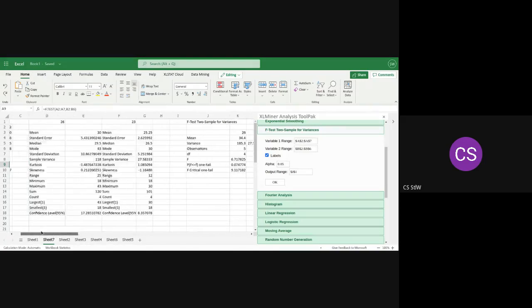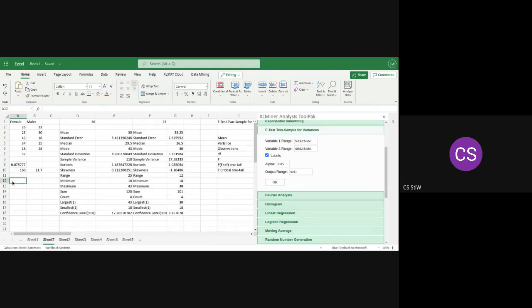But when you divide this, you get 7.3. Even you can just do it here. You can say equals 160 divided by 21.7. You can see you get 7.373.